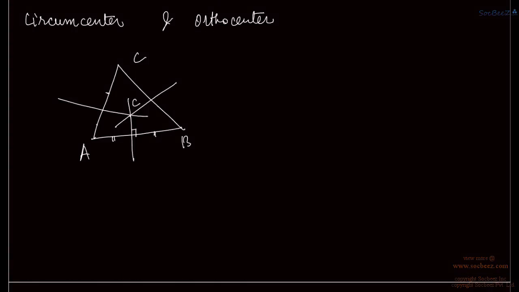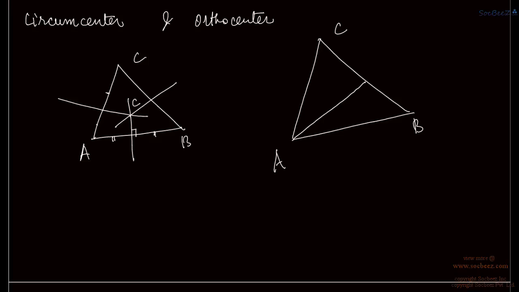The orthocenter is the point of concurrency of the altitudes of a triangle. Say this is triangle ABC. Altitude means from this vertex we have to draw a perpendicular on the opposite side. So let us name this D. AD is an altitude.